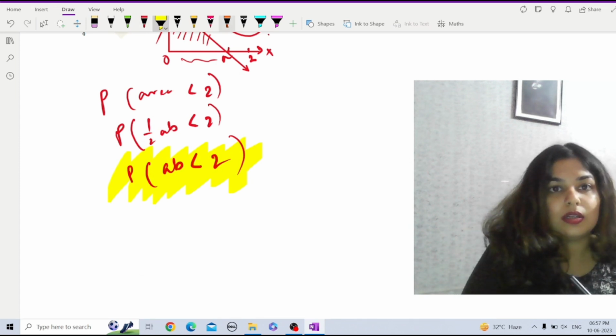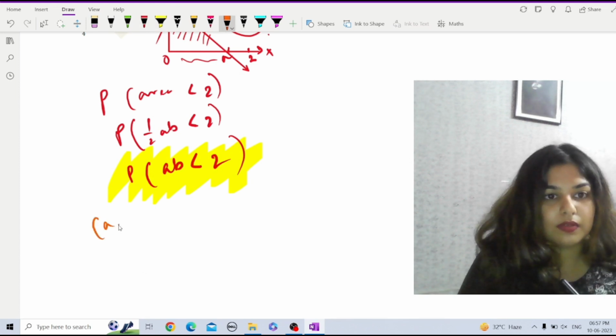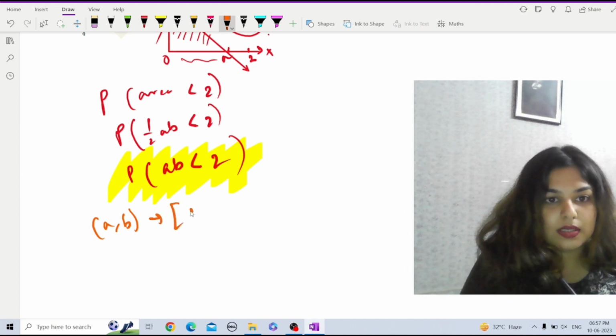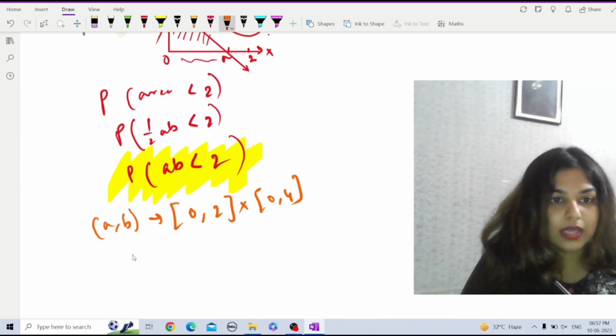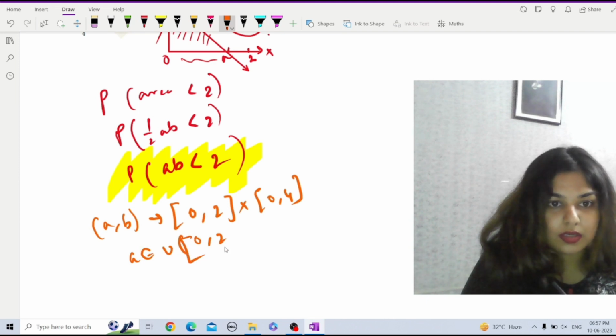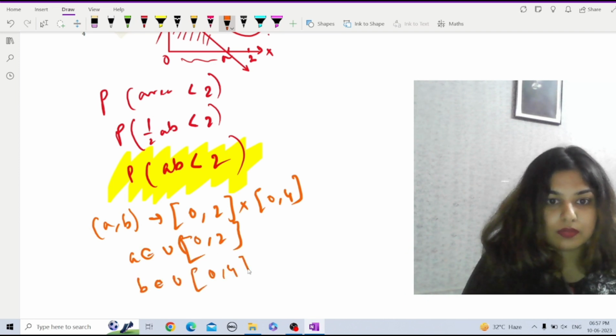Now from the question, we have our AB in a closed interval. This is the bounded area. If we talk about the uniform distribution, A belongs to the uniform distribution with 0 and 2, and B belongs to the uniform distribution with 0 and 4.